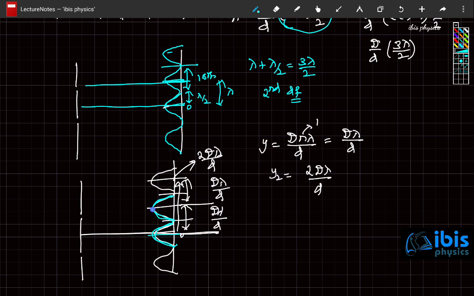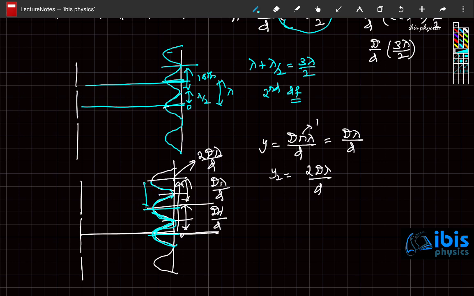The distance from the central maximum to the first maximum is what you call one dark fringe, because where the bright fringe begins to decrease, this is where the bright fringe is. From here the brightness keeps on decreasing and becomes completely dark and then becomes completely bright. So the distance between two bright fringes will be a dark fringe. So this is the first dark fringe, this is the second dark fringe.